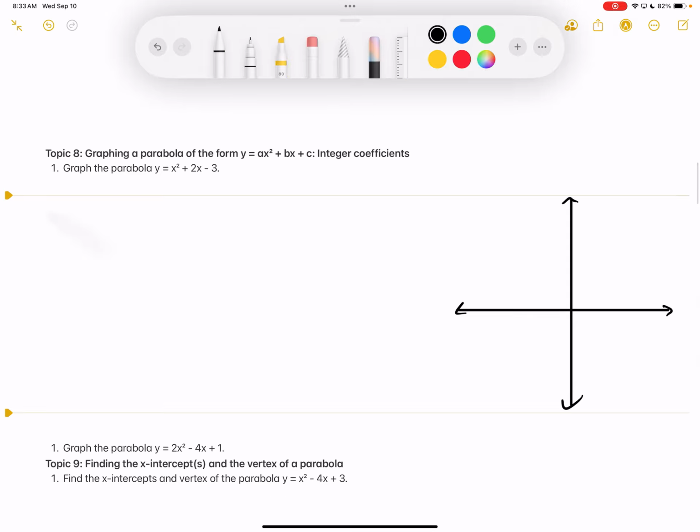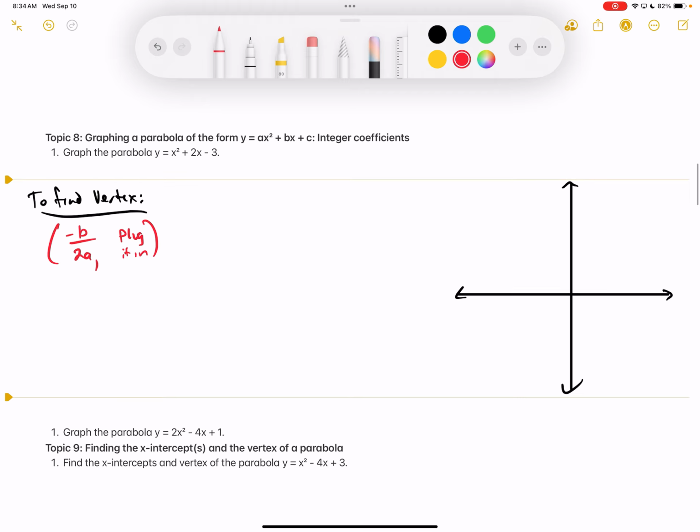So on this one, we have to find the vertex. And this is something that I would give you on the test. But to find the vertex, you are going to do the opposite of b over 2a and then plug it in. So y equals x squared plus 2x minus 3.